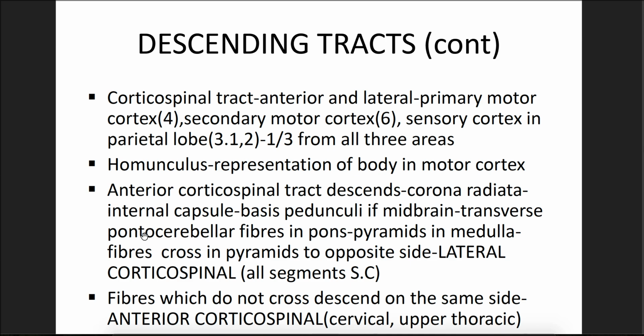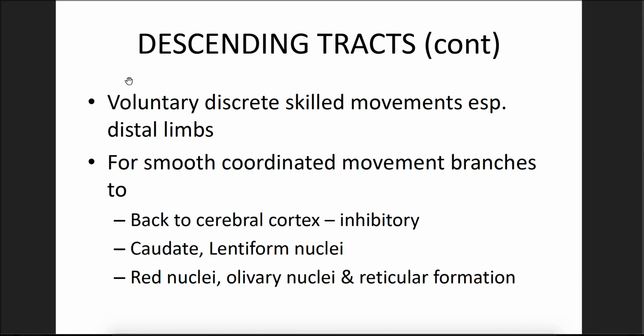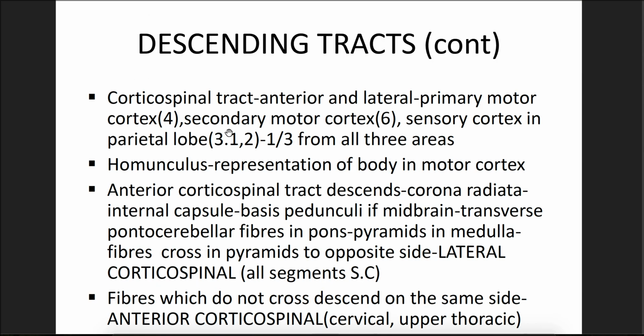These corticospinal tracts, like the name suggests, come down from the cerebral cortex. These fibers are actually descending from neurons present in the cerebral cortex, like this picture. These are the fibers of the corticospinal tracts. In the books, they say that one third of the fibers will be from the primary motor cortex, which is area 4.